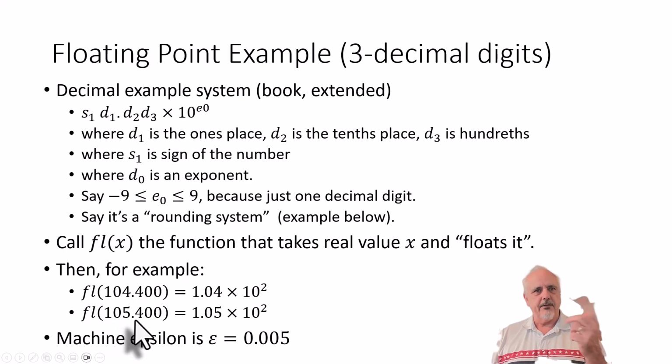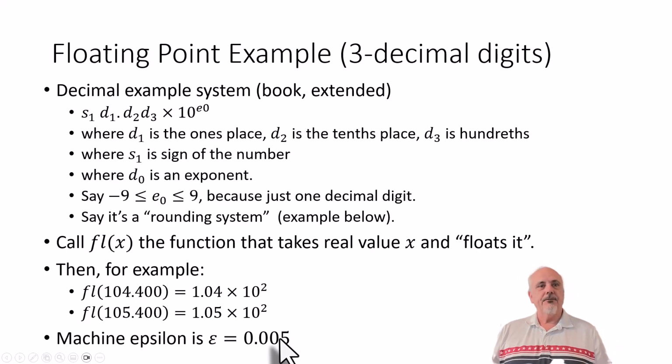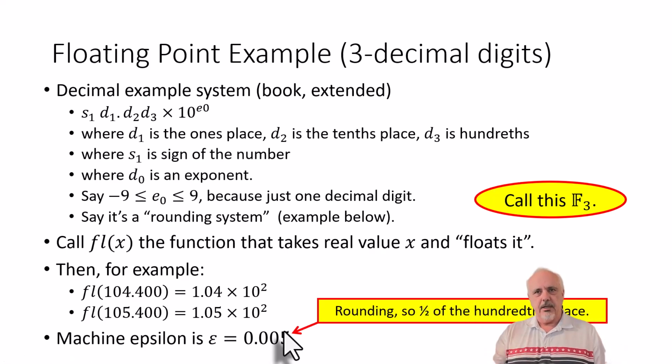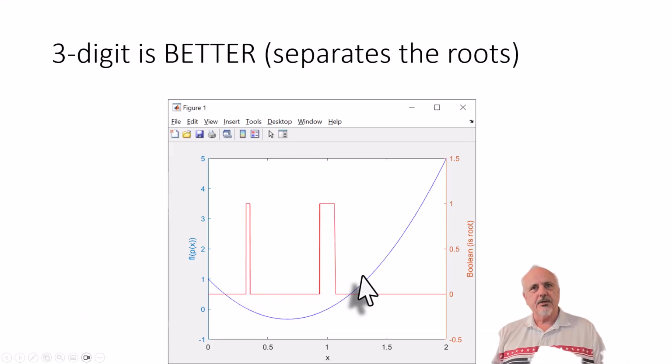If I take 105.4 and I float it, I get 1.05 times 10 squared. So now the machine epsilon is half of that hundredths place. I'm going to call this F3. We're doing rounding again, so half of the hundredths place is going to be my machine epsilon.